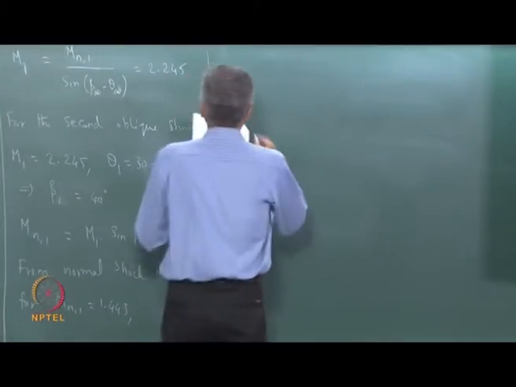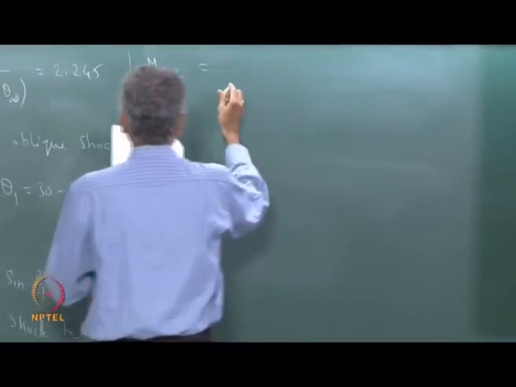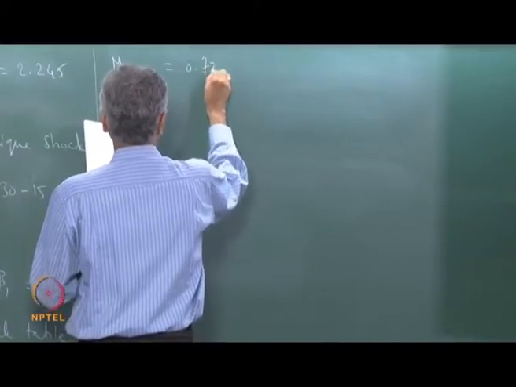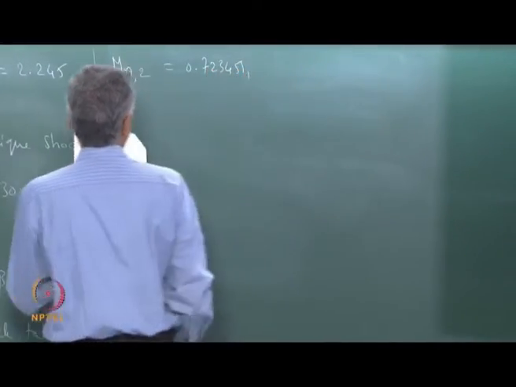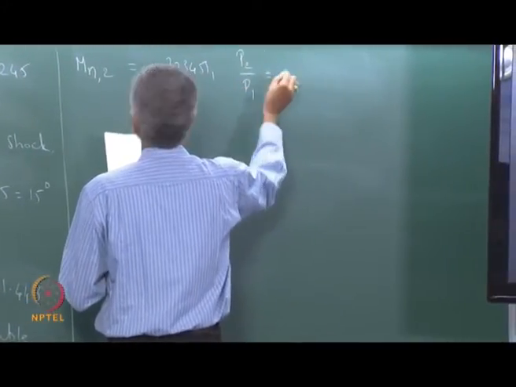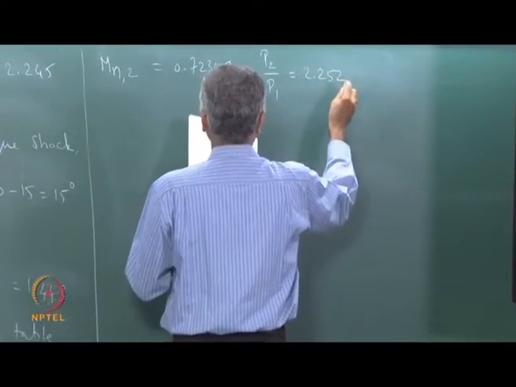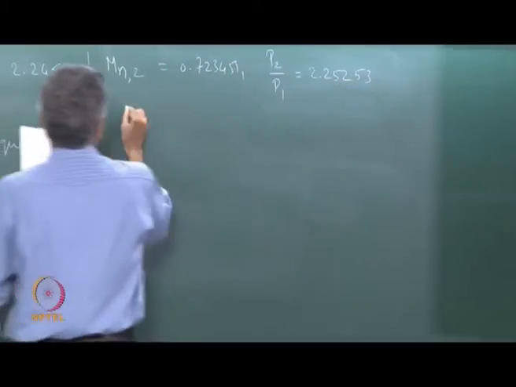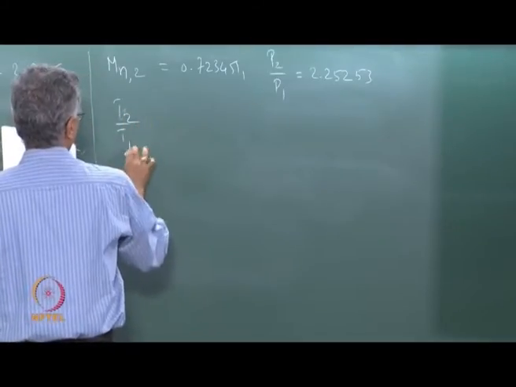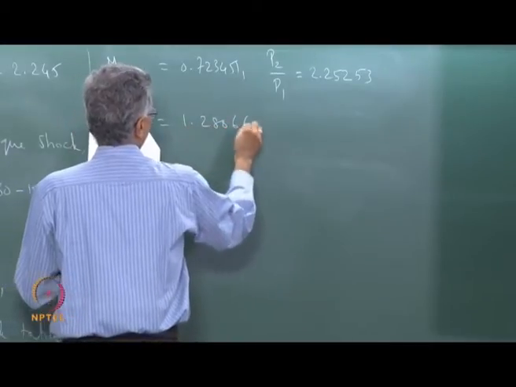I get Mn2 to be 0.723451, P2 over P1 to be 2.25253, and T2 over T1 to be 1.28066.